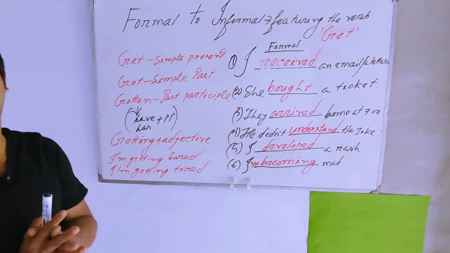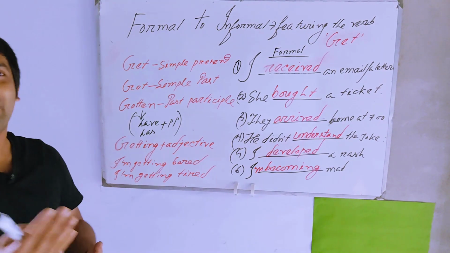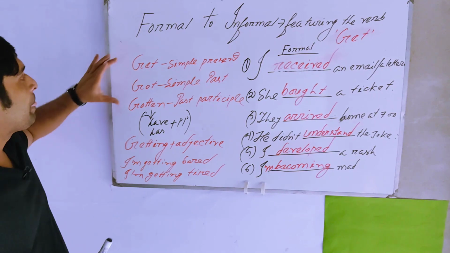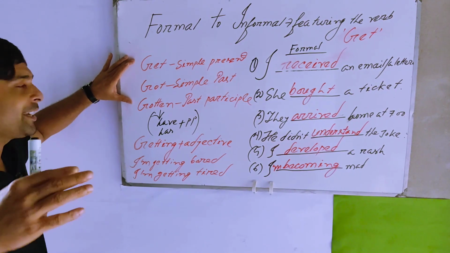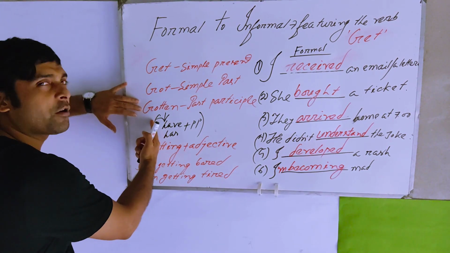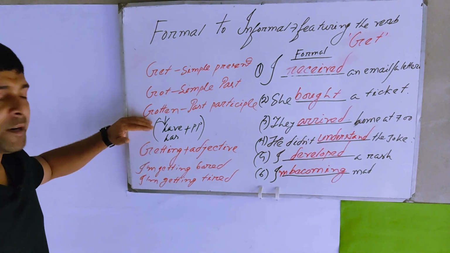We have an idea about that, and first of all we have to look at such verbs. The verb changes in different ways. First one is get, second one is got, third one is gotten. Present form, past form, and past participle form.